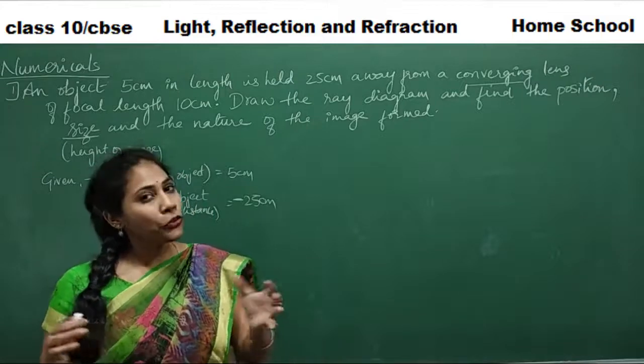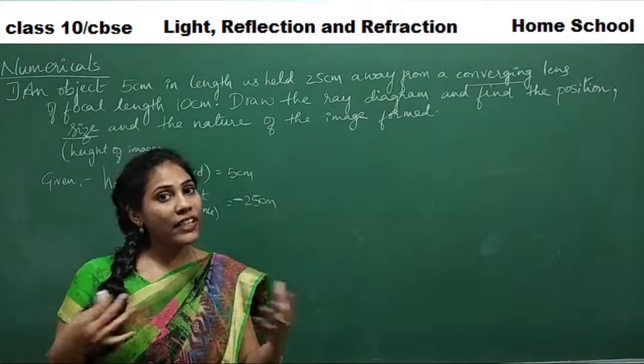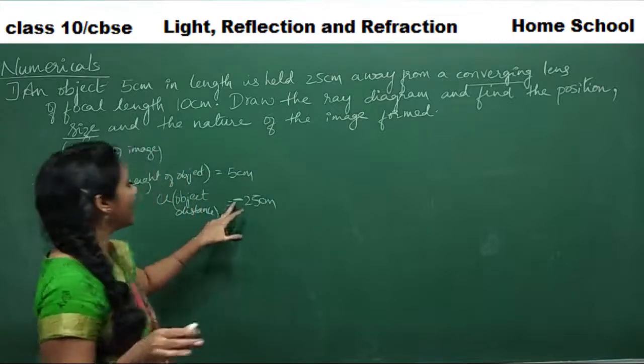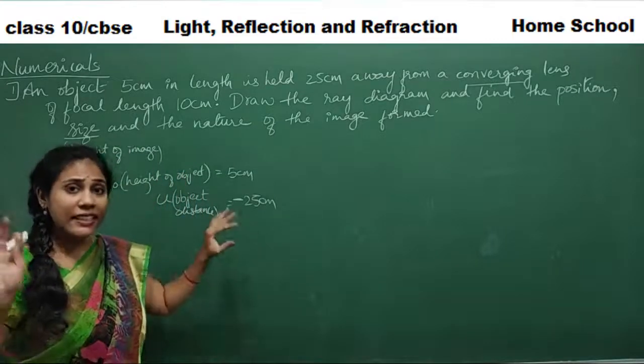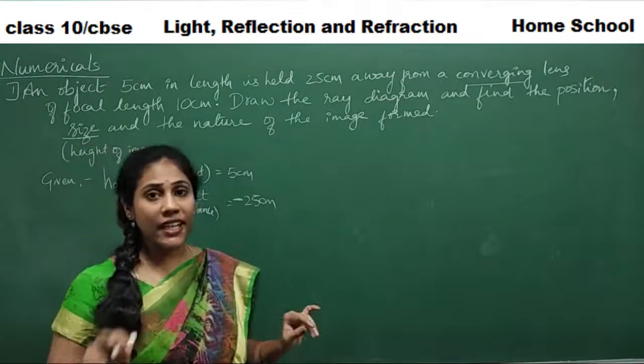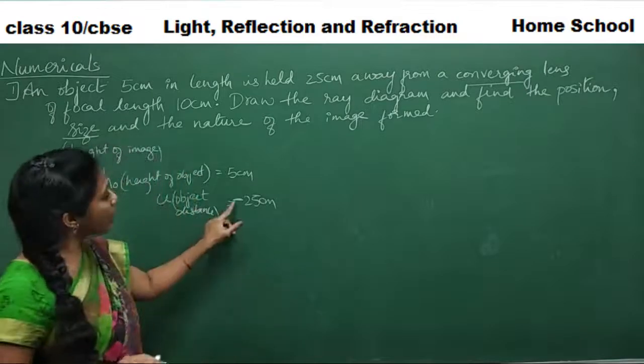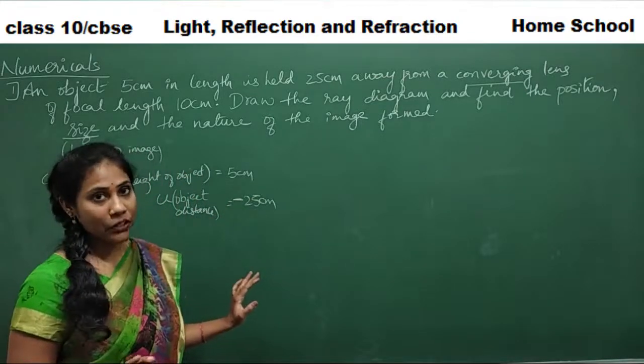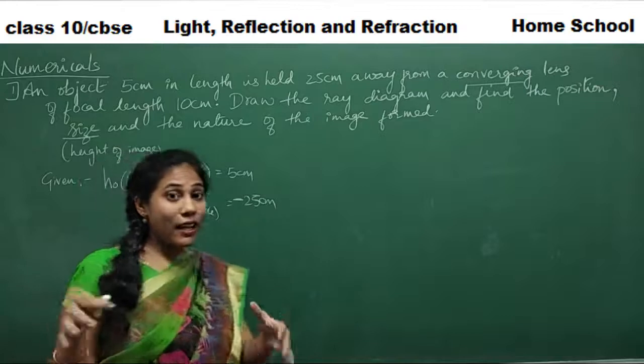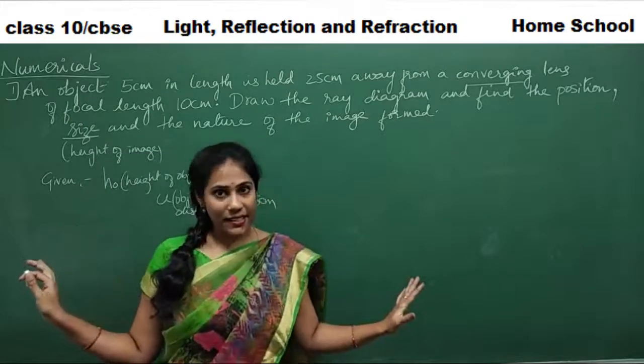You can watch that sign convention video, so you will come to know why I have given a negative sign. Whether it is a convex lens or concave lens, object distance is always with a negative sign, because the object is placed on the negative x-axis side.